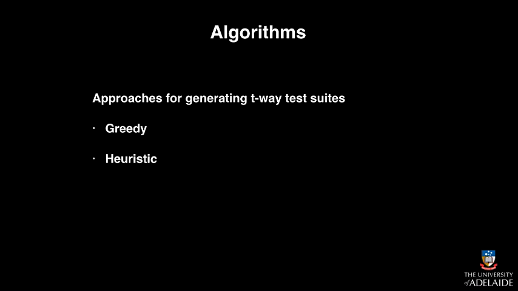Greedy is again a general concept, and greedy tries to build up a solution by having the most improvement from one step to the next step, at every single step. What this means here, for example, is that as we build up our test suite, test case by test case, we add the tests that increase the number of pairs the most.